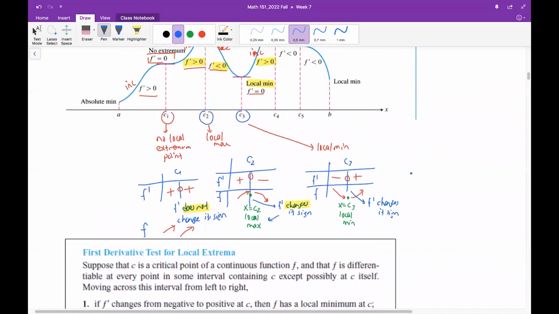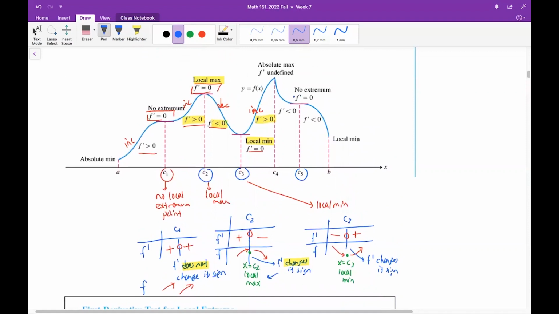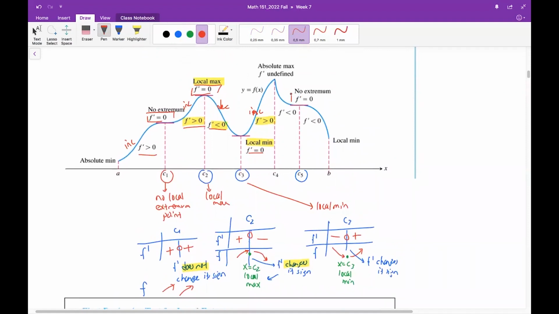And then we can also look at C5. Here at C5, what happens? First derivative is 0 again. Similarly, your function is decreasing before C5 and it keeps decreasing after C5. That's why first derivative function is always negative. Decreasing means first derivative is negative.